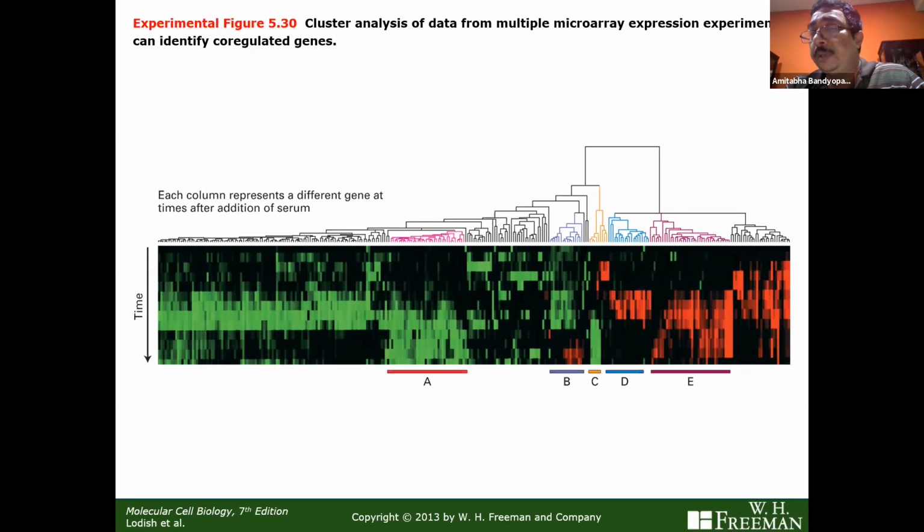As I explained earlier, just because you are getting a very strong signal for a spot does not necessarily mean that that mRNA is more abundant than the next spot, which is a much lower signal, because it is possible that the particular mRNA has a very high or very low GC content. If the GC content is very low, then the hybridization efficiency will not be very high, and it may artificially look like that gene is expressed less.